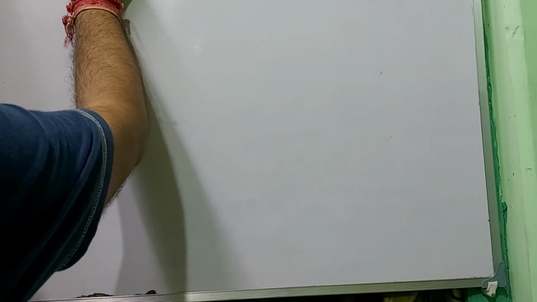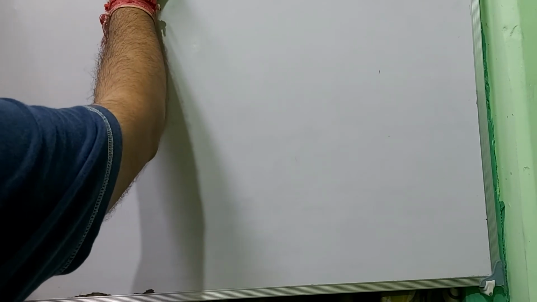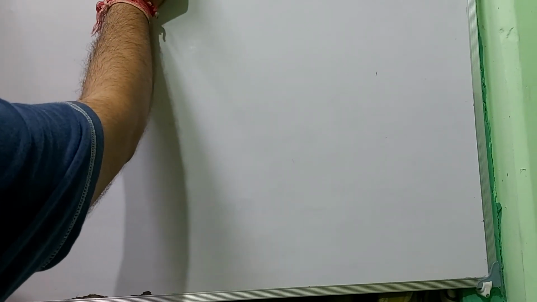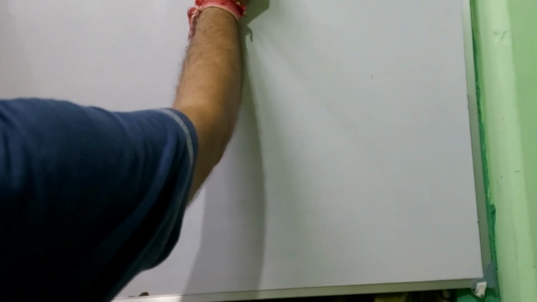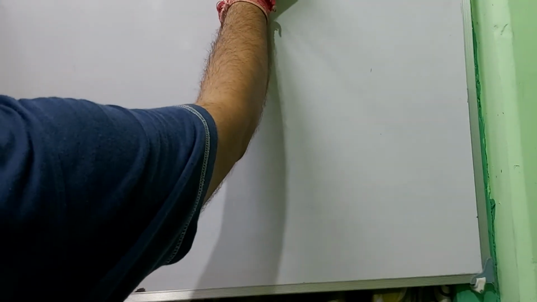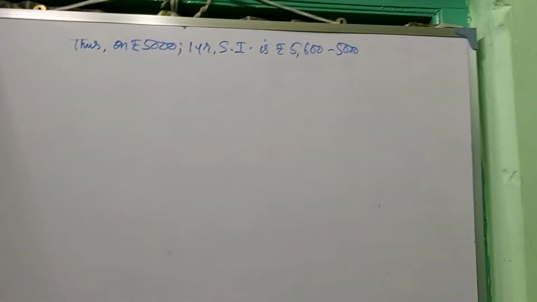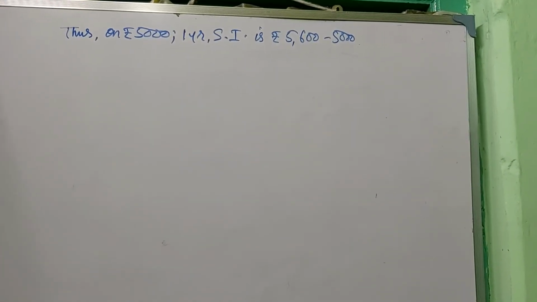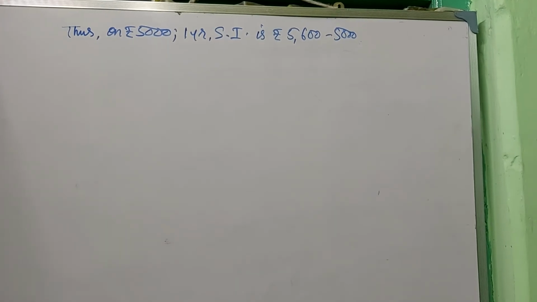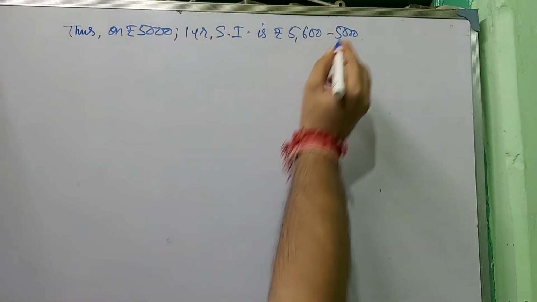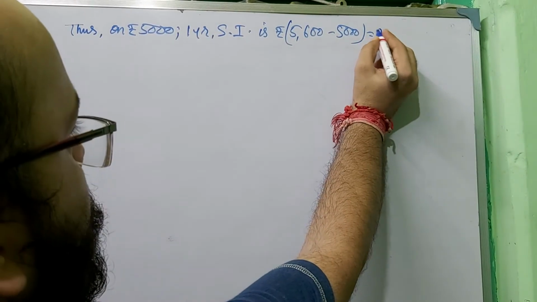Thus on rupees 5,000, which is given, 1 year SI, simple interest, is 5,600 minus 5,000. It becomes rupees 600.